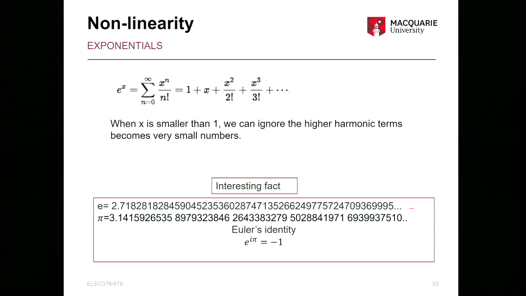And when you put e power i pi, you get -1. How can you prove it? All of them are infinity. Never end. That's the beauty of it. That's why I really wanted to mention it. So you have a never-ending number, you raise it to i power the never-ending number, and you get -1. Yeah, it is weird, and it is quite beautiful.